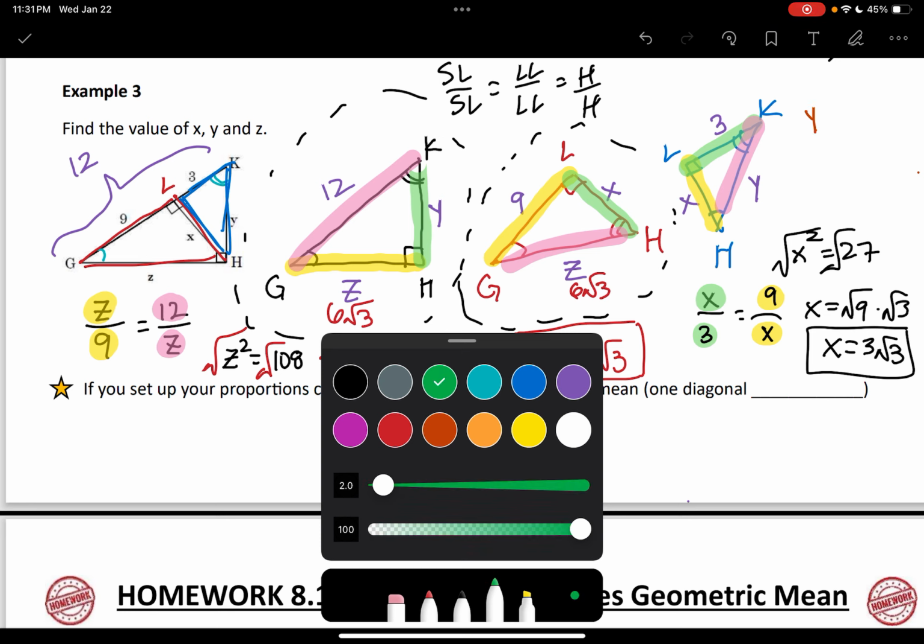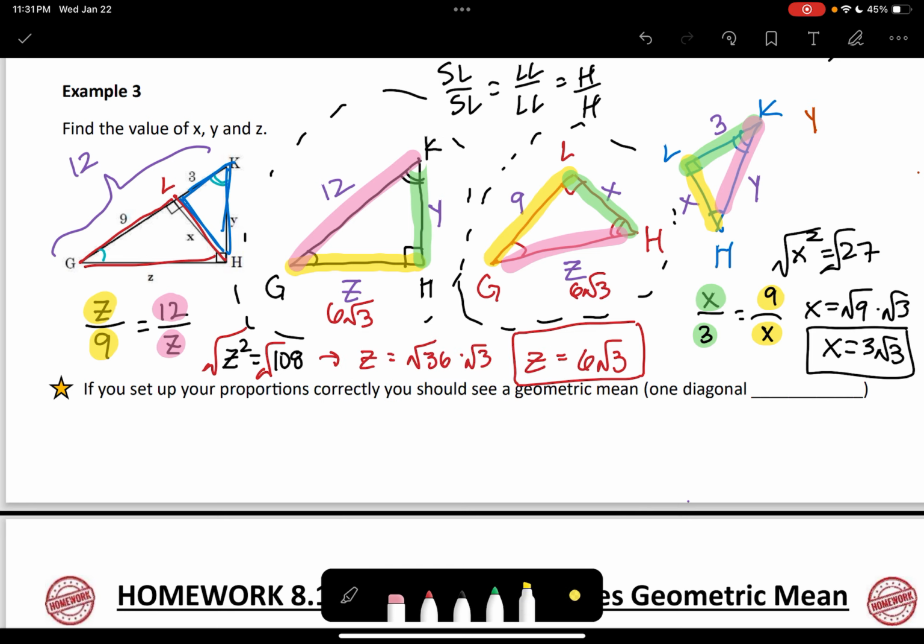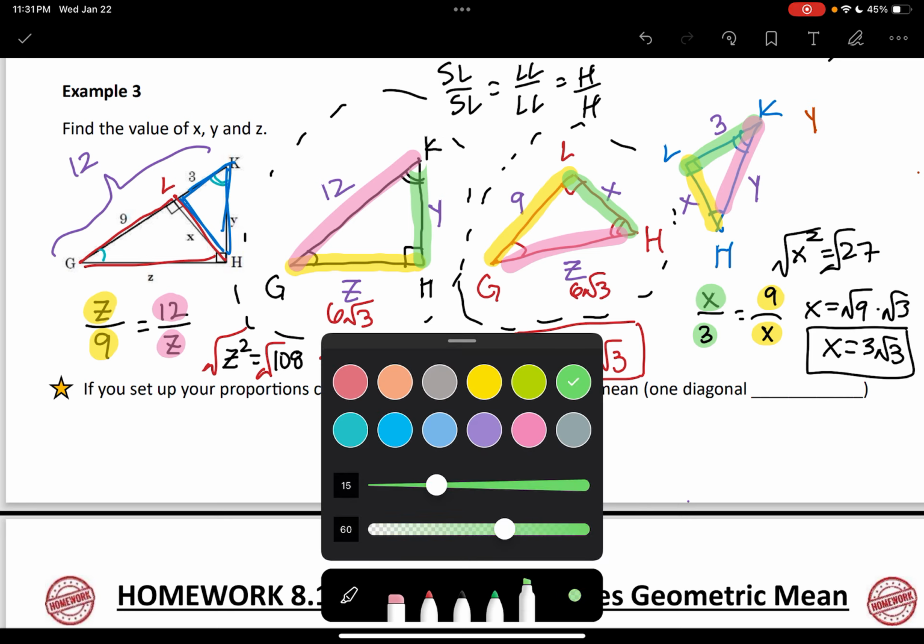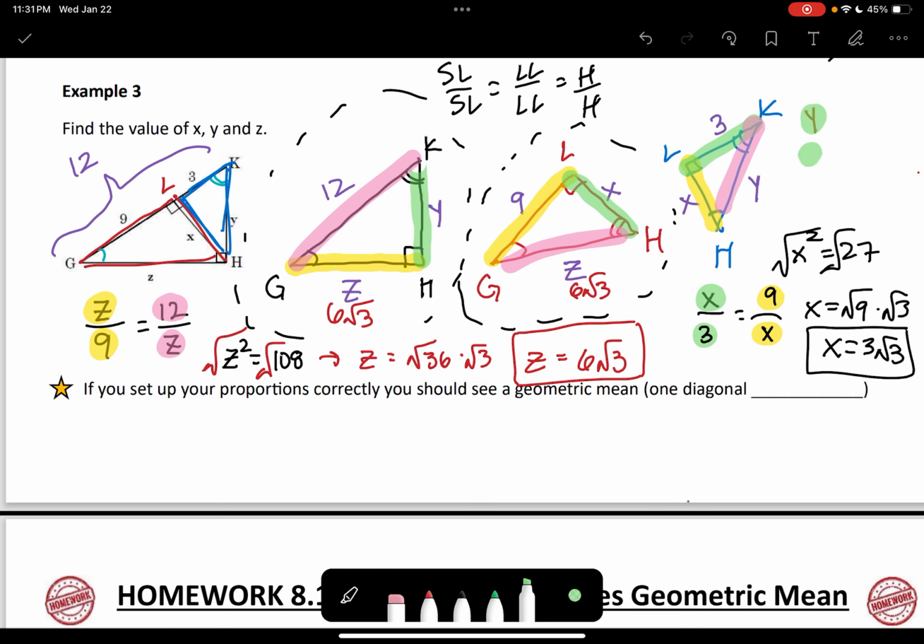So I'm going to set up a proportion here with green over green. So y over the green one in the last triangle is 3. And then if I want to set up a second ratio here, I'm going to decide to go with the pink one because the y is pink in the last triangle. So let's do pink over pink.